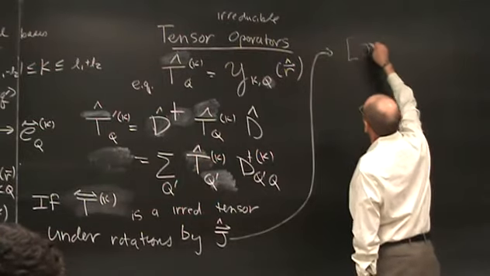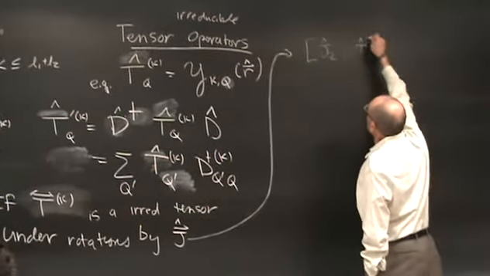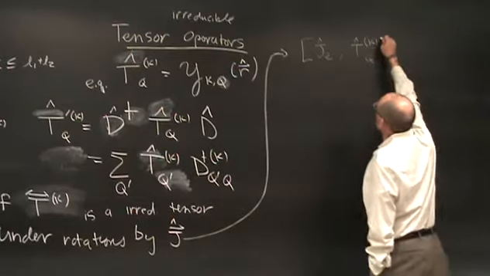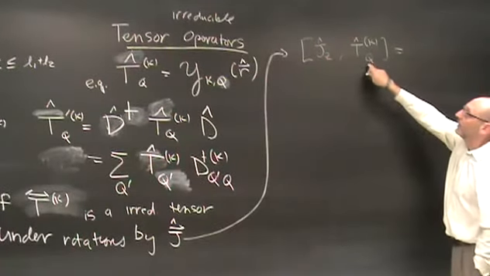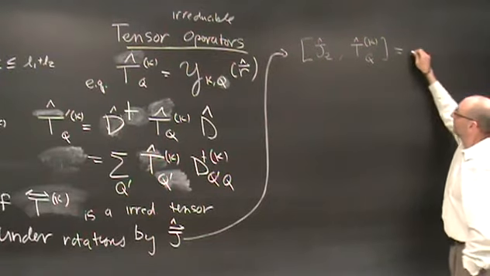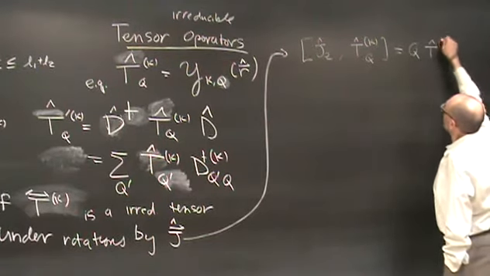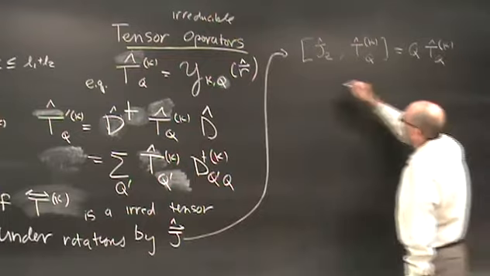that the commutator of Jz with each of the 2k plus 1 components is this.